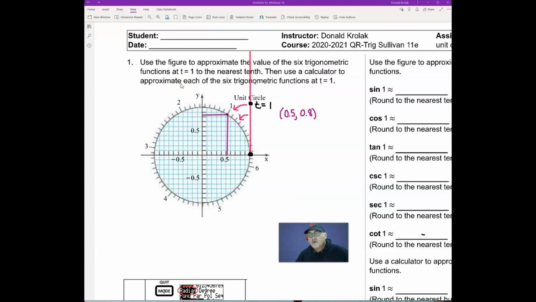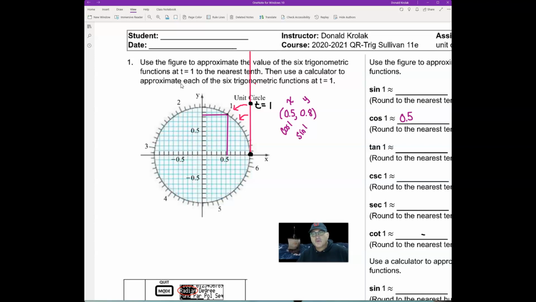What these two coordinates mean is the location of that point. We defined the x-coordinate to be the same as the cosine of whatever this measurement was, in this case 1. So we can say that the cosine of 1 is equal to 5/10. The y-coordinate is the same as the sine of this length, which was 1.